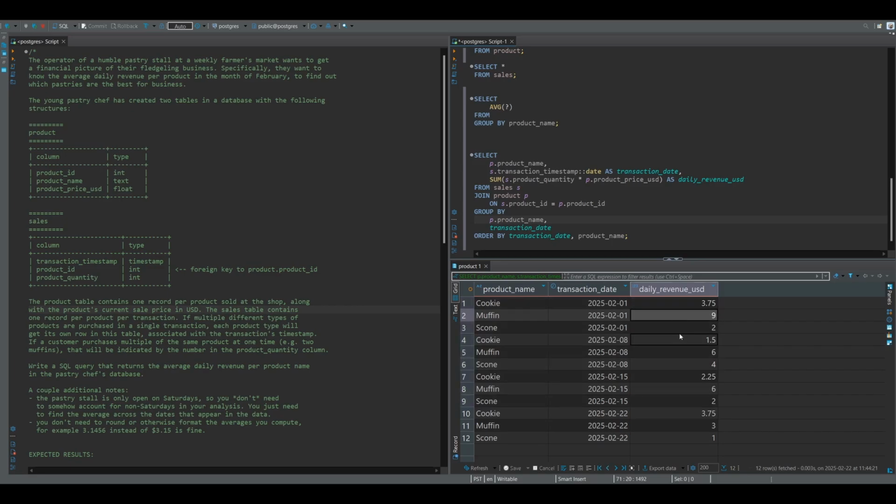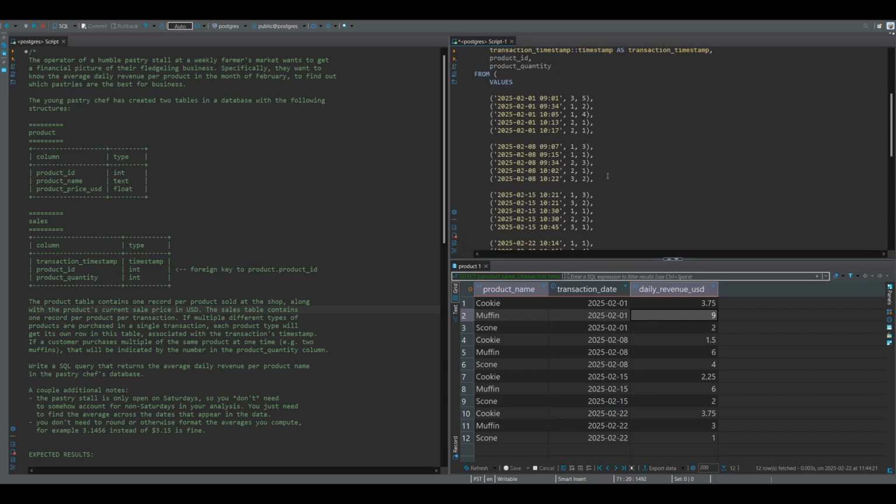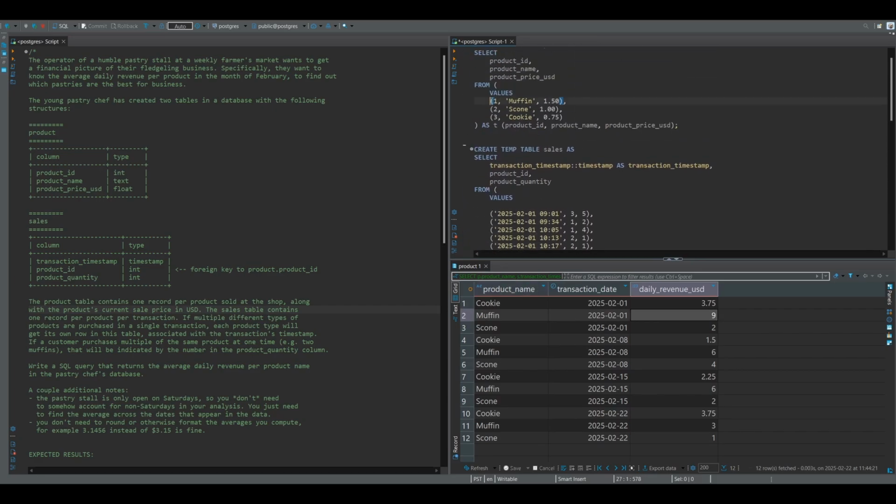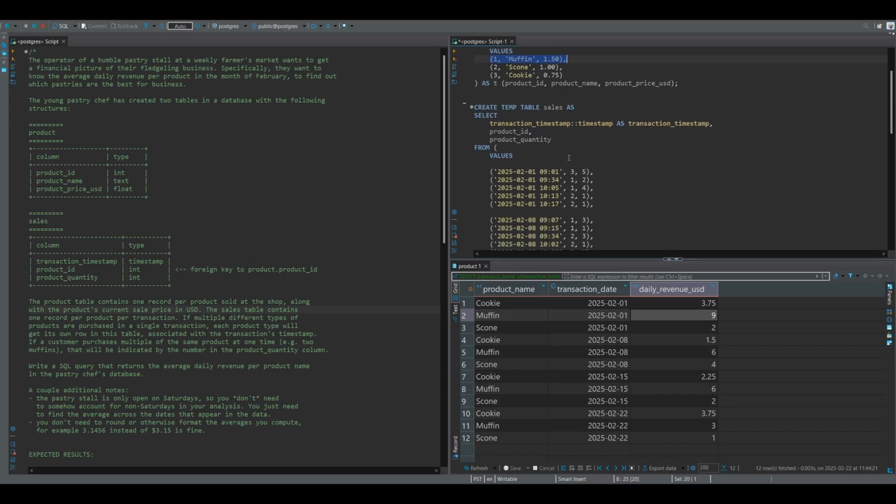And just to be safe, we can do a quick spot check to make sure we are calculating this correctly. Let's take muffins on February 1st, for example. This table is saying we made $9 from muffins. If we look back at the test data for our sales table, muffin is product ID number 1.